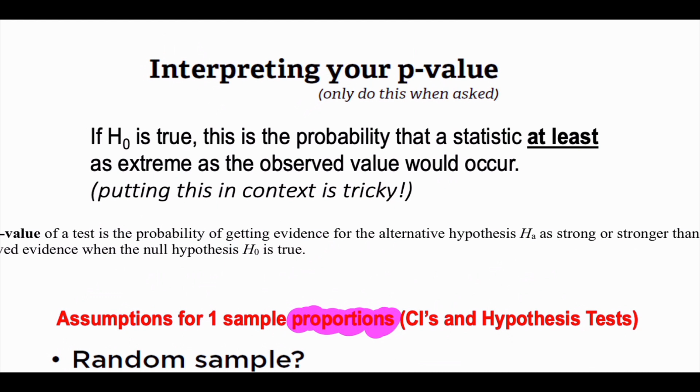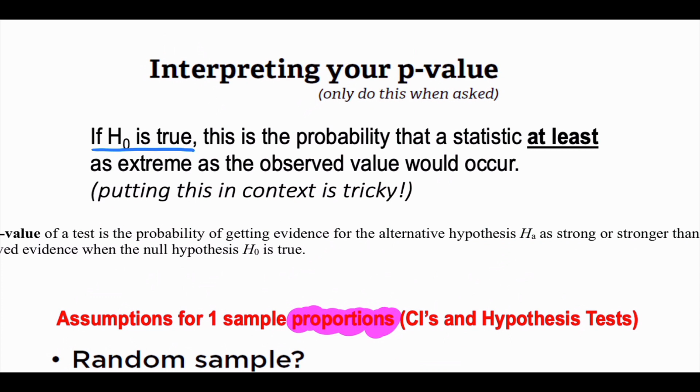So if the null is true, the probability that a statistic at least as extreme as the observed value would occur is... okay, so this is what our sentence frame is going to be. I'll underline the words.